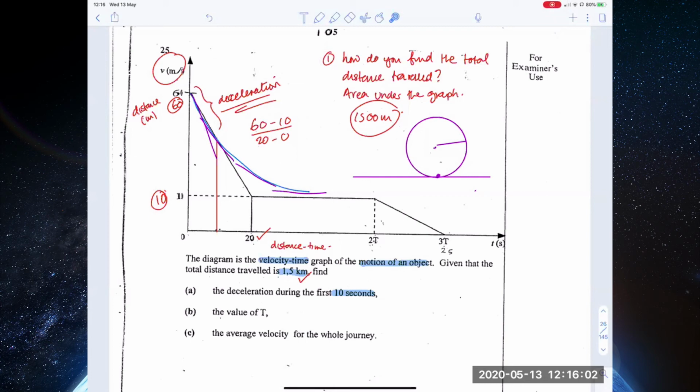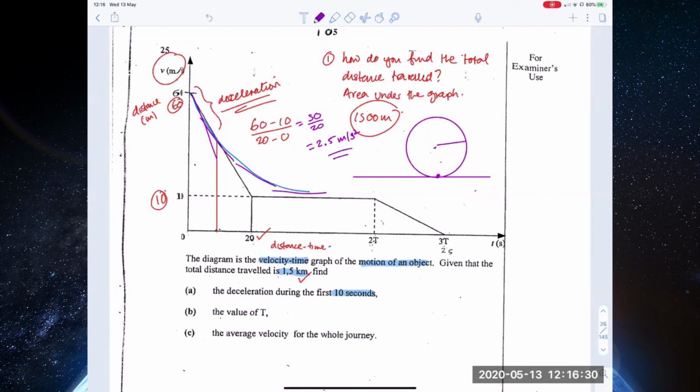Okay, so we use this line to calculate the gradient, and the gradient is equal to the deceleration. So if we're gonna use from 0 to 20, we also use from 10 to 60. So the answer, yes, is gonna be 50 divided by 20, which is 2.5 meters per second squared. That's the deceleration. Okay.